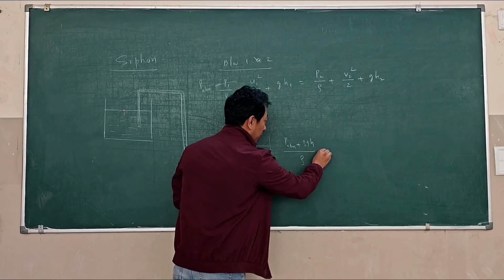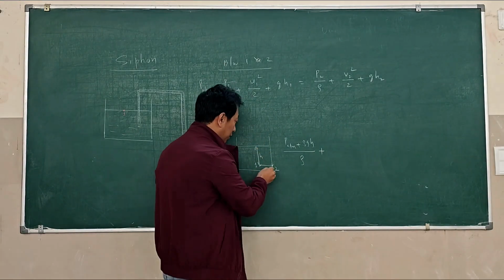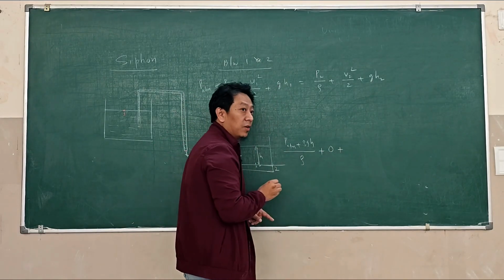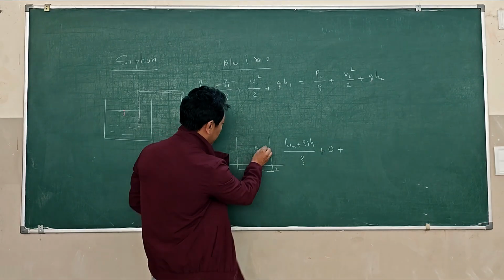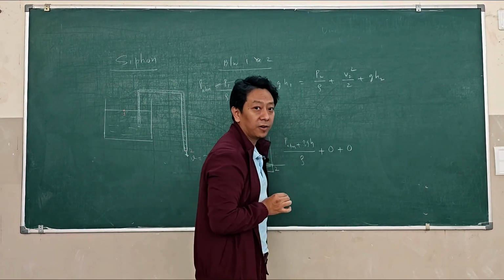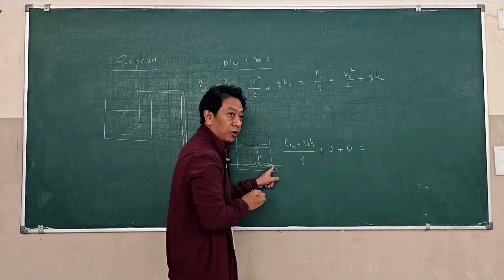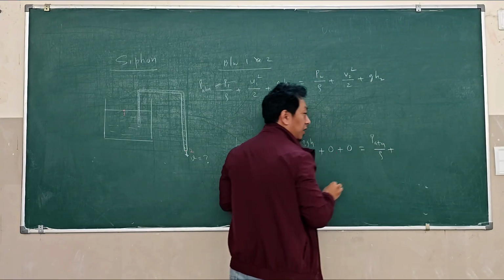P1 by rho plus GH1. GH1 means height from reference. I will choose height 0 here only. So GH1 is 0 plus V1 square. This velocity here is the same as this velocity because this area is the same as this area, and that velocity is negligible, I told, equals P2 by rho. P2 here is P atmosphere plus GH2.